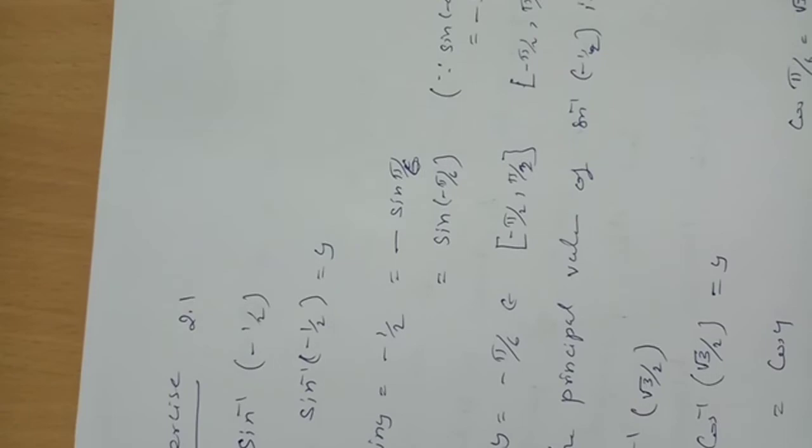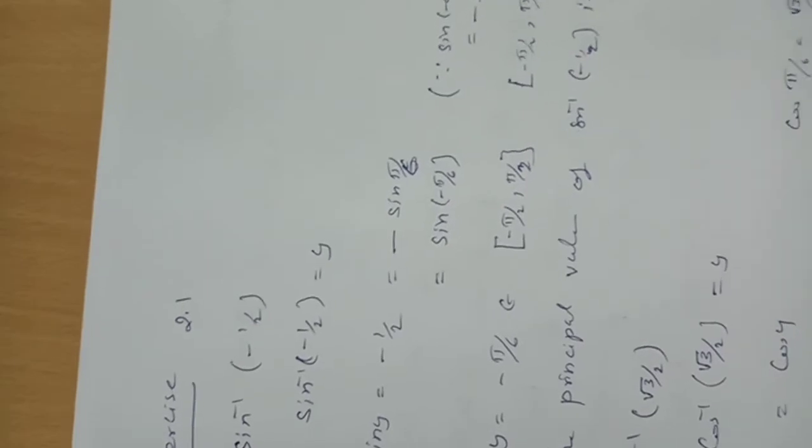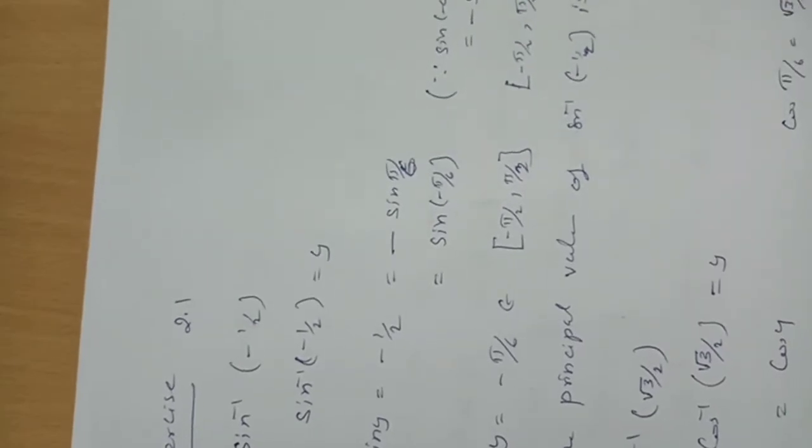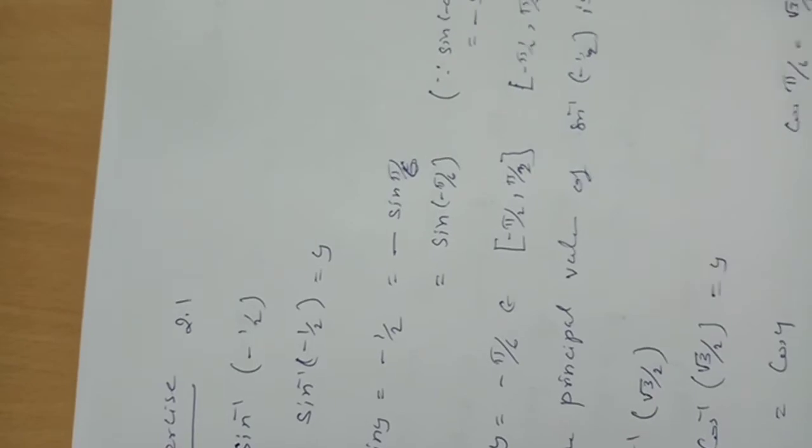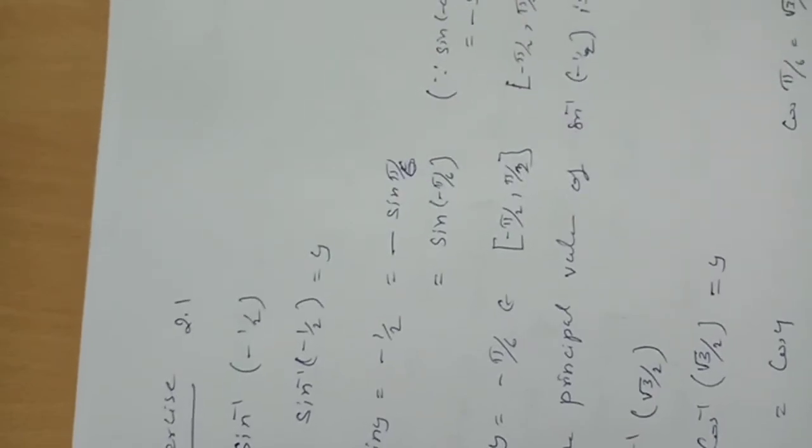Then, does pi by 6 lie in the principal range? What is the principal range of cos function? Principal value range 0 comma pi. Here pi by 6 belongs to 0 to pi.